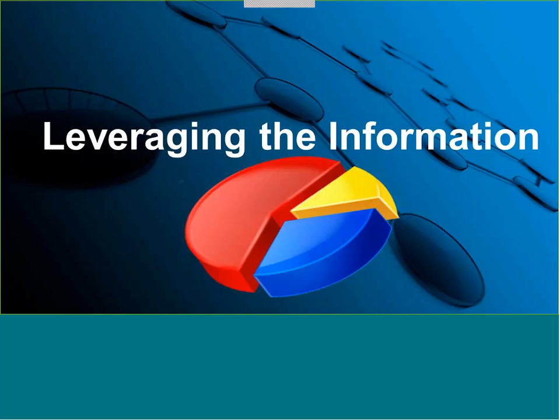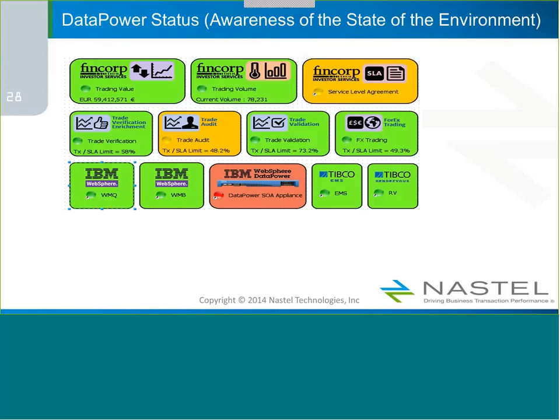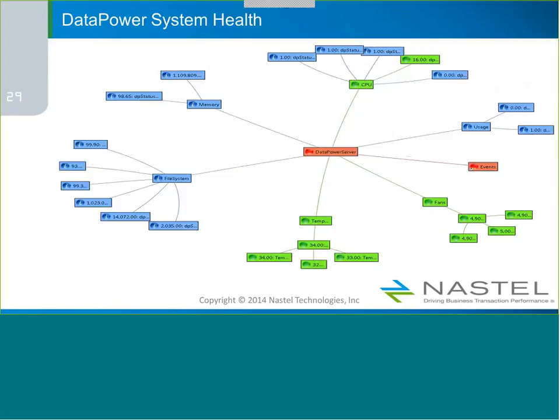So again, now in summary, just talking about how we leverage this information. This allows you to have your alerting, so you can see what's going on. You can be alerted to problems within the environment as they happen. So if there's a problem where the DataPower is failing, then obviously you want to be alerted to that.